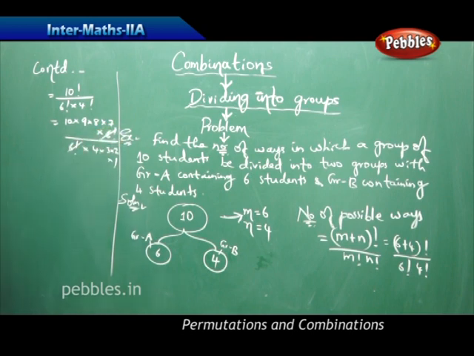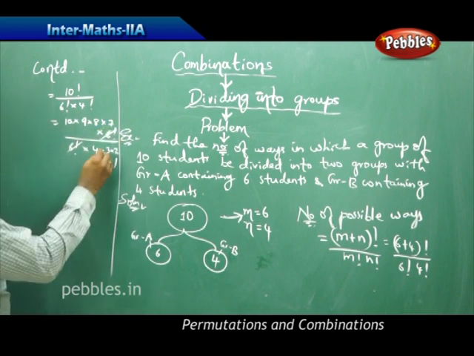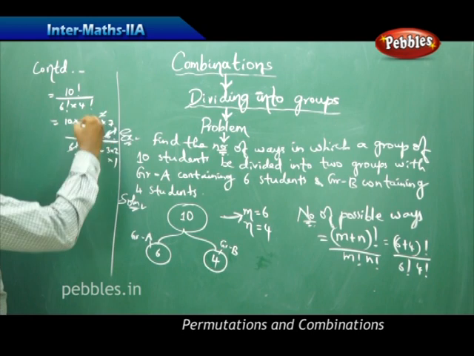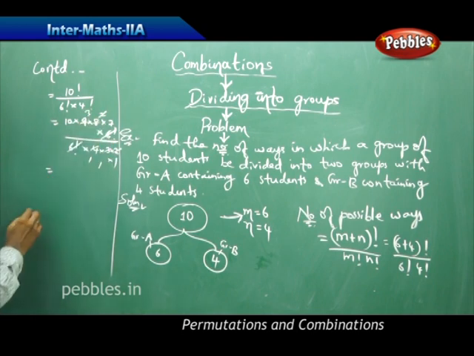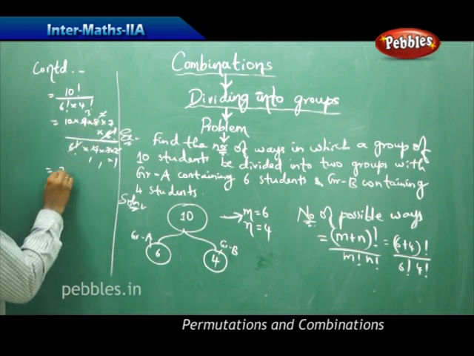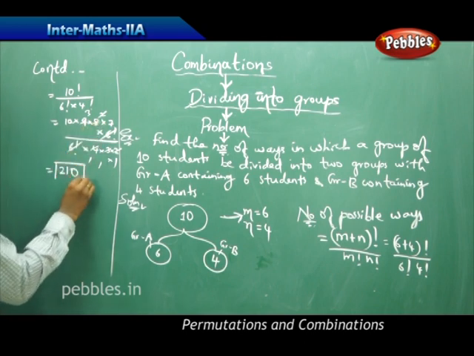This gets cancelled and I get 4 1s are 4, 2s are cancelled, 3 1s, 3 3s, and then I get 7 3s, 21 times 10, which is 210.